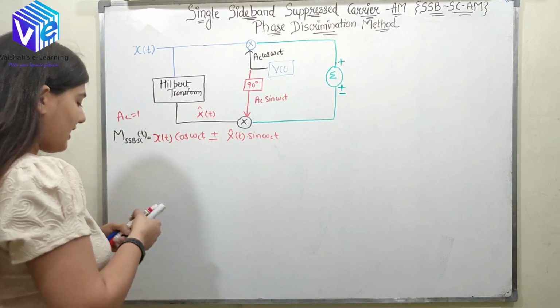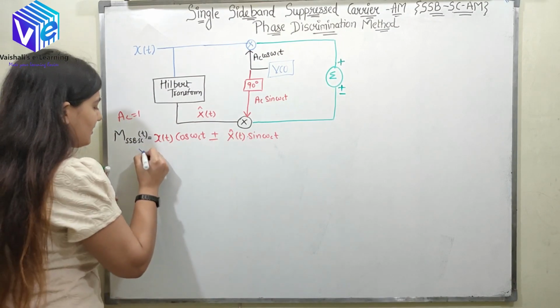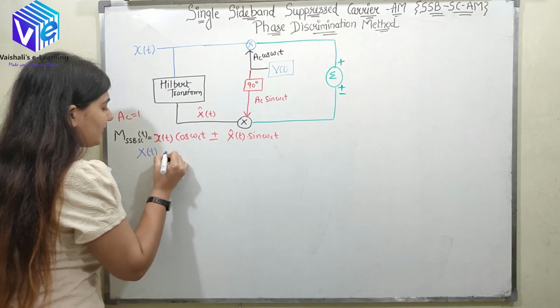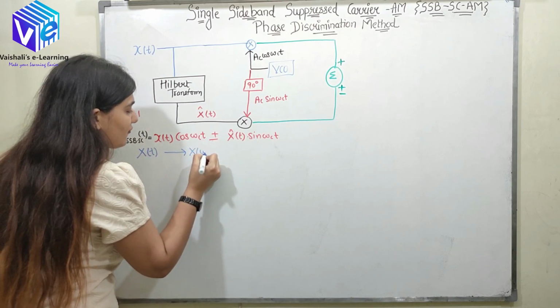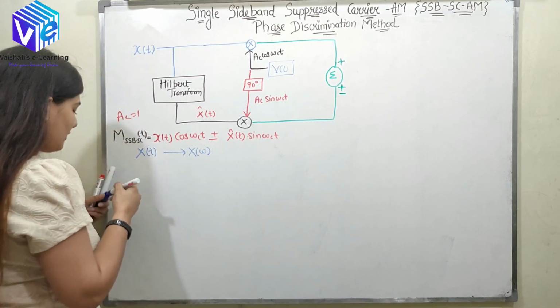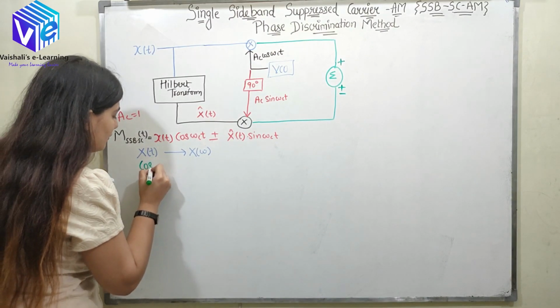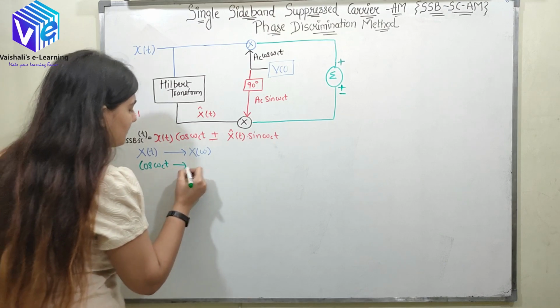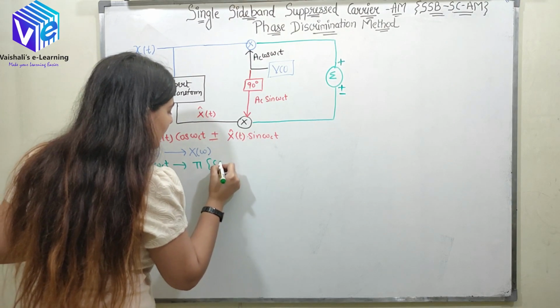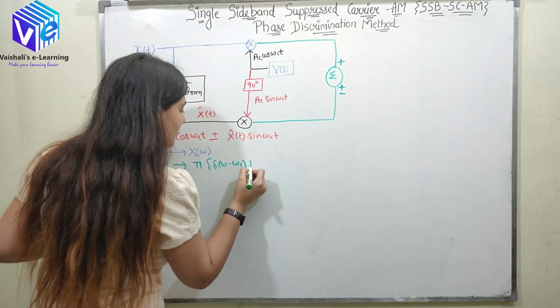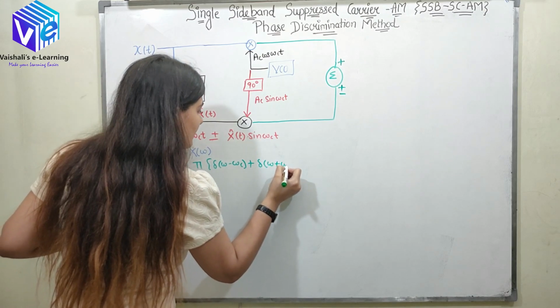Now if I talk about xt, I am taking the Fourier transform of xt to be X of omega. The Fourier transform of cos omega ct, I hope you all know, is represented by pi times delta of omega minus omega c plus delta of omega plus omega c.